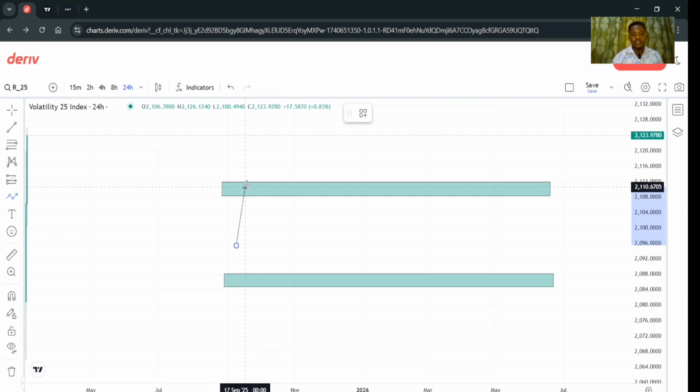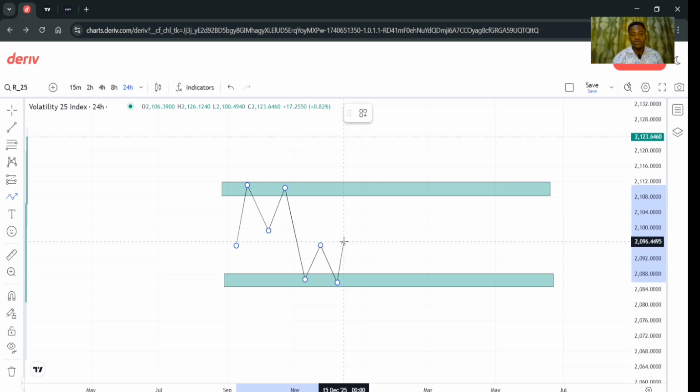The price must touch this level, bounce back, and make sure it happens a second time. After this we will know that this is now a resistance zone, so also a support zone. If it happens this way, we know that this is a valid support zone.